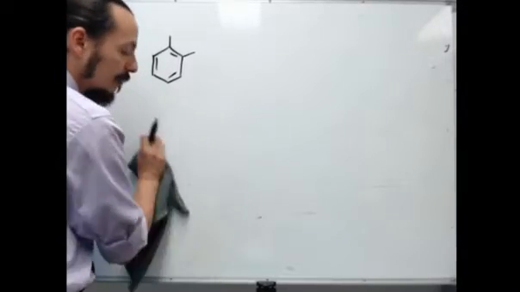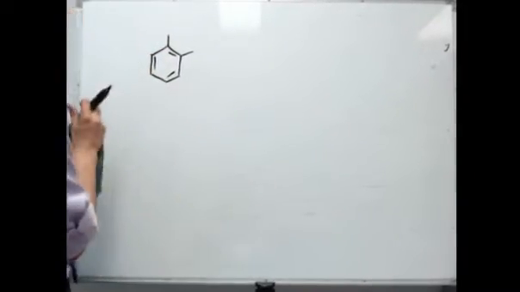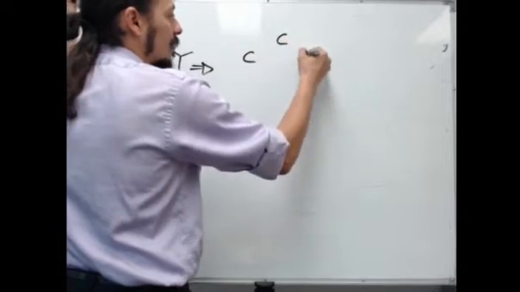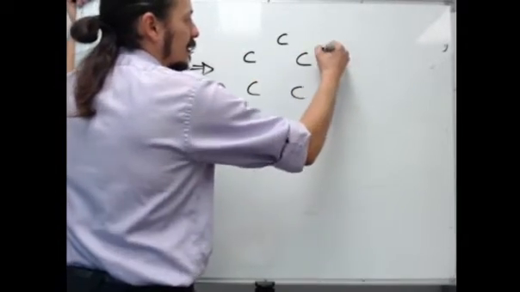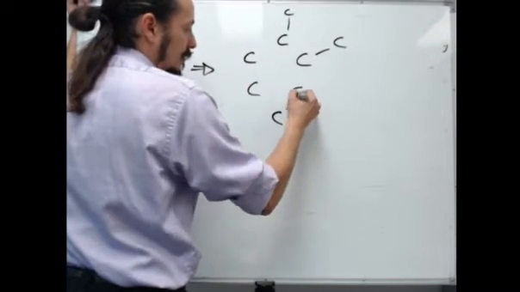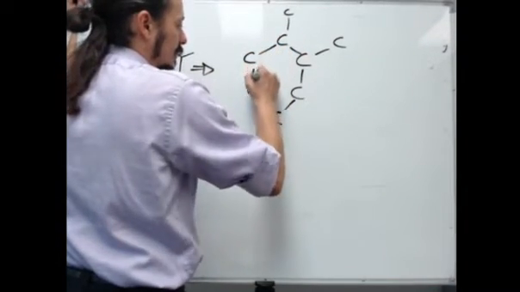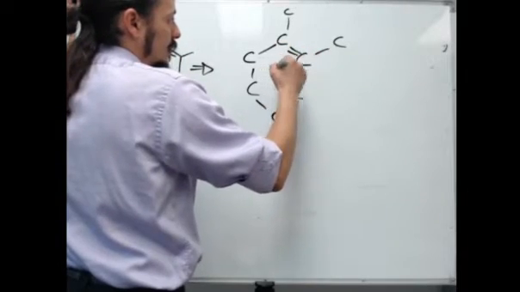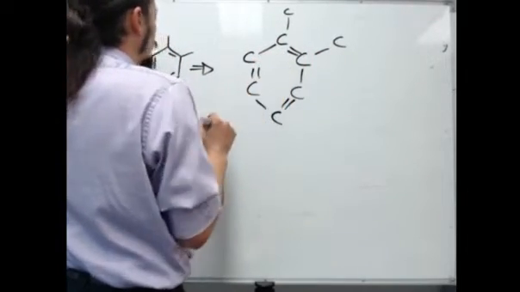It gives you the molecular structure. We have to realize that this is the shorthand notation. If I wanted to write this out explicitly, I'd have a carbon, a carbon, a carbon, a carbon, a carbon, a carbon, a carbon, a carbon, with bonds between them.